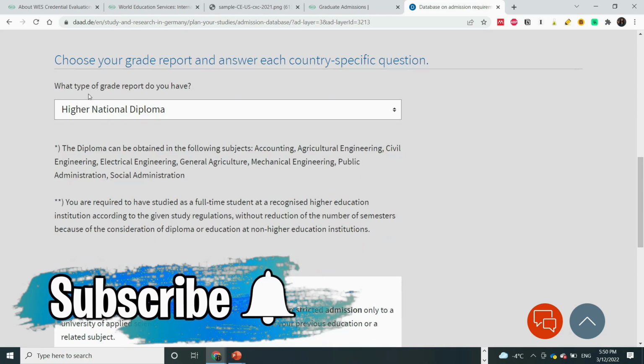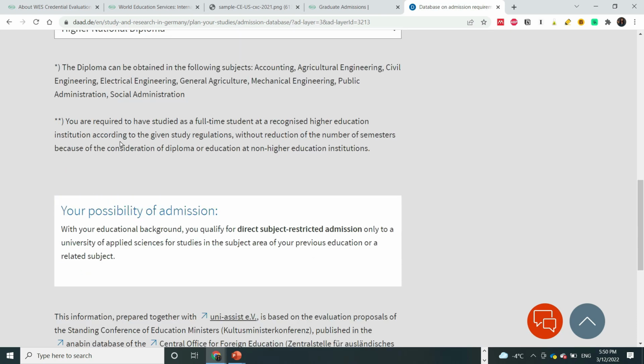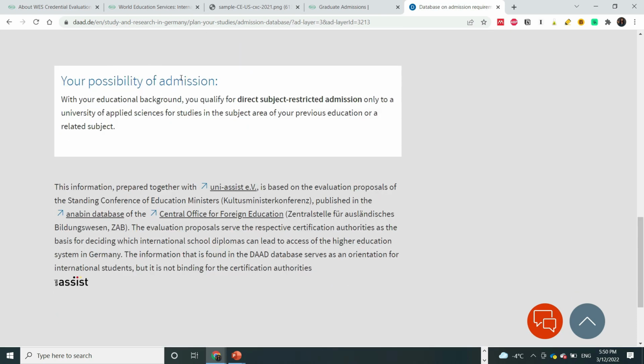Then you select your type of degree. I chose an HND, and this is what they said about your possibility of admission. With your educational background, you qualify for direct subject restricted admission only to University of Applied Sciences for studies in the subject area of your previous education or related subject.